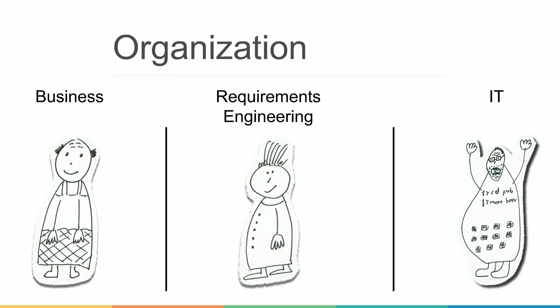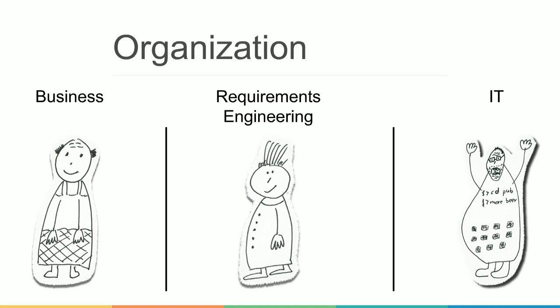There is one organization I've been working with, and they had a clear rule that the IT is not allowed to talk directly to the business, because they were afraid that the business would go totally crazy, change their minds every week, and so on and so forth.